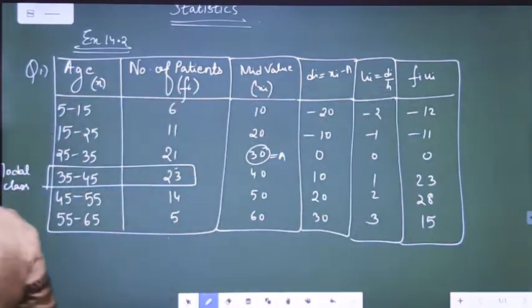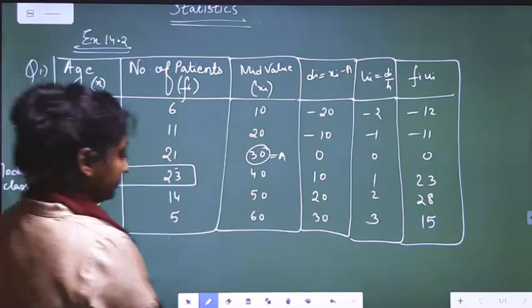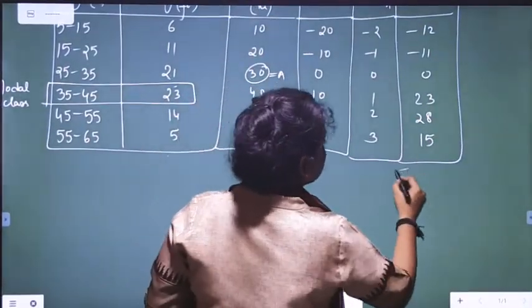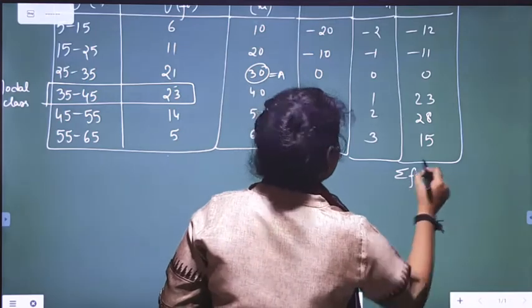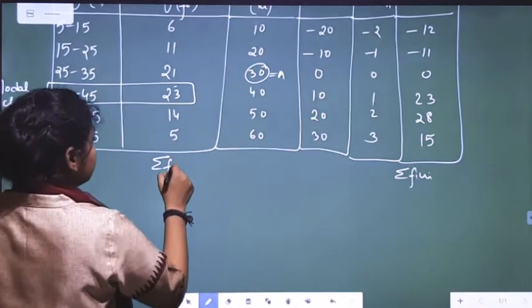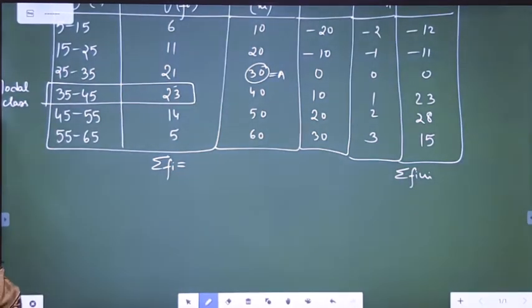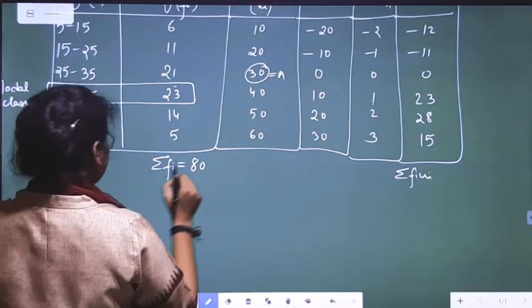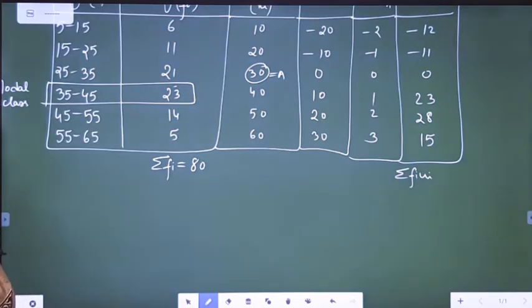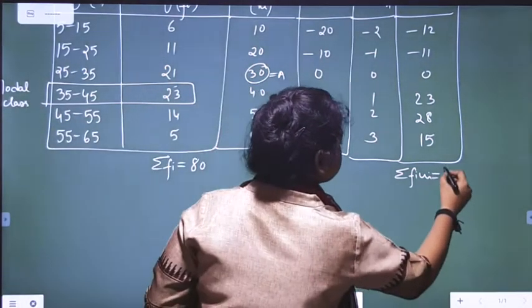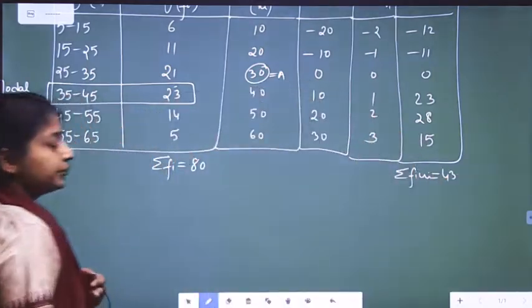Now in the next step we have to find out summation fi ui and summation fi. The value of summation fi comes out to be 80 and the value of summation fi ui comes out to be 43.